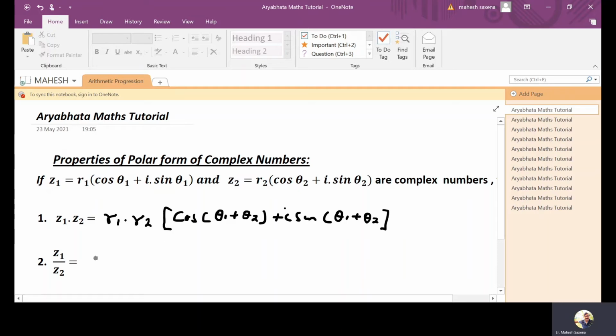And z1 upon z2 will equal r1 upon r2 times cos of theta 1 minus theta 2 plus i sin of theta 1 minus theta 2.